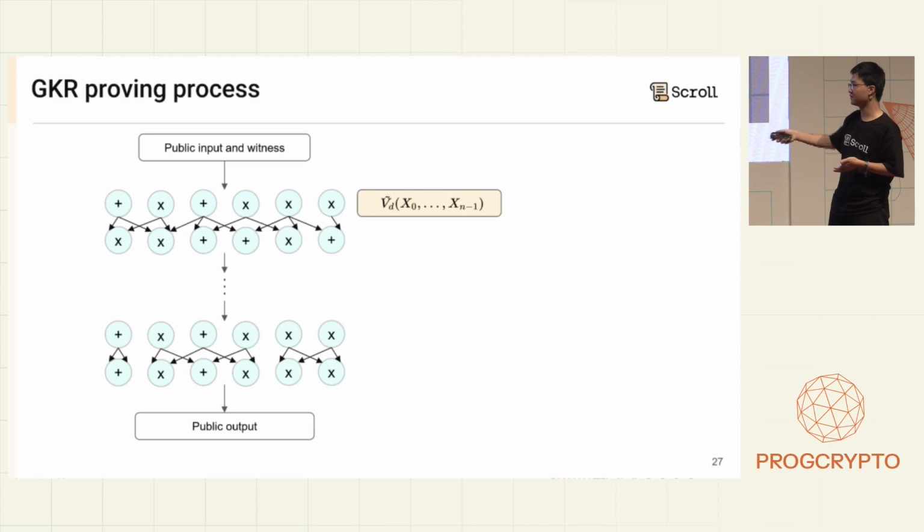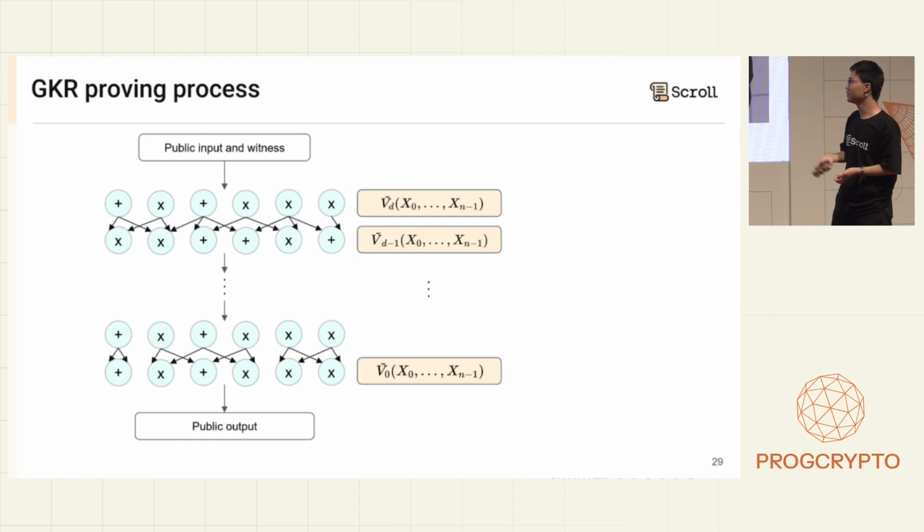For example, for the D-th layer, you get a multivariate polynomial, and for every layer from the 0th layer to the D-th layer you get one. This is very similar to a Plonkish circuit, where you interpret each column into a univariate polynomial, but here every layer is interpreted into a multivariate polynomial.